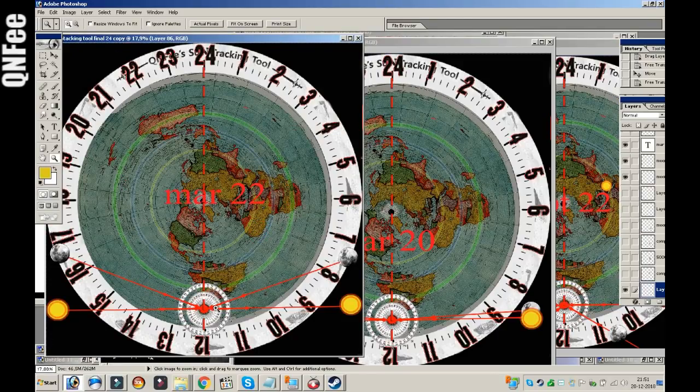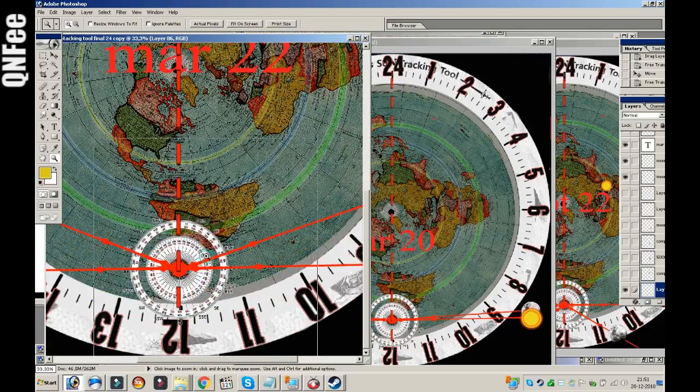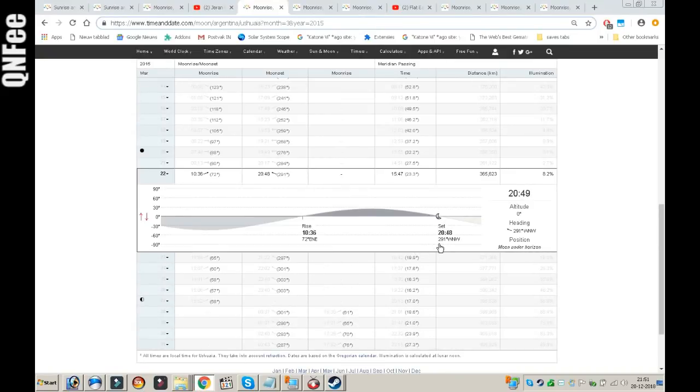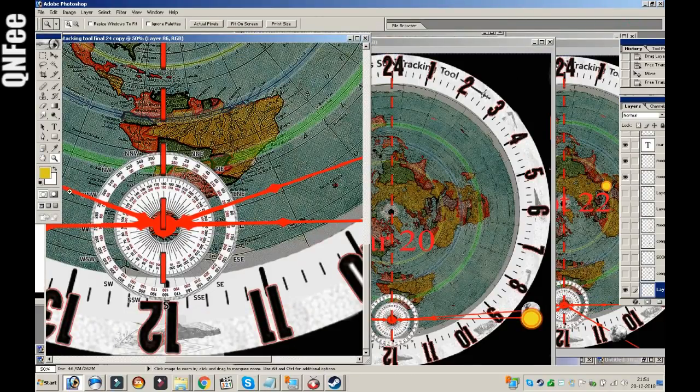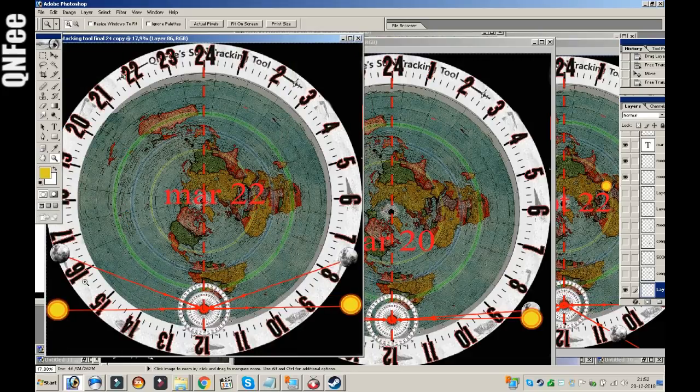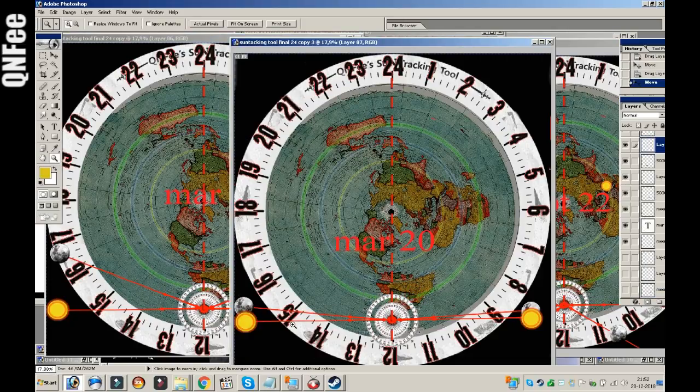You can see that here. It's about here. So in 2 days we have this refraction on the moon, but not on the sun.